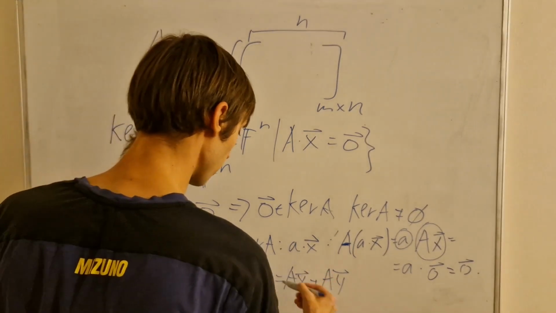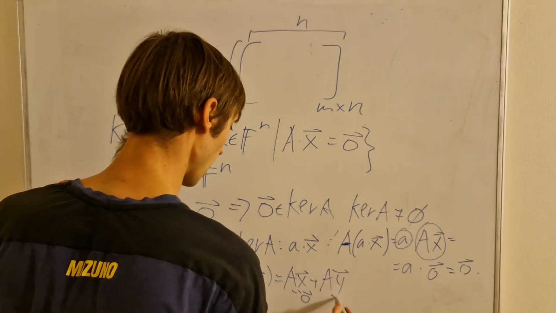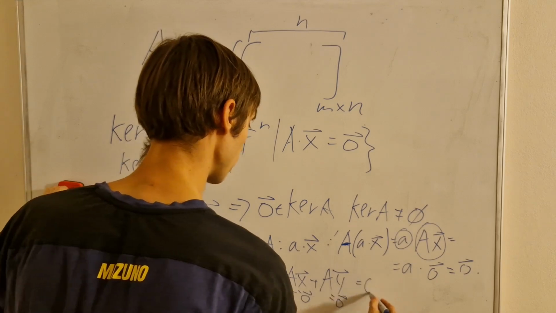But if these are in the kernel, this should be a zero vector, and this should be also a zero vector, so together they are a zero vector.